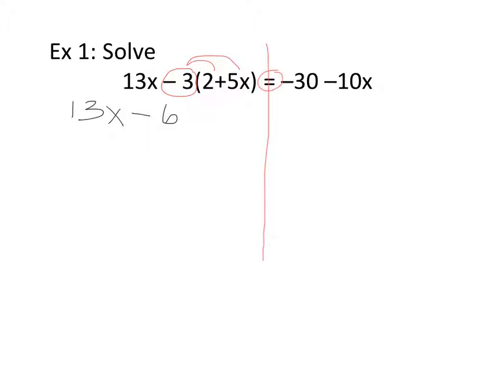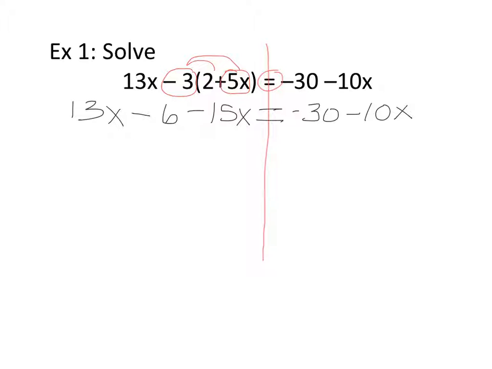Since a negative 3 times a positive 5x gives us a negative 15, we'll write minus 15x. Now the equal sign drops straight down. On the right-hand side, it doesn't look like there's any distributing to do or any combining like terms, so we'll just leave that guy alone.